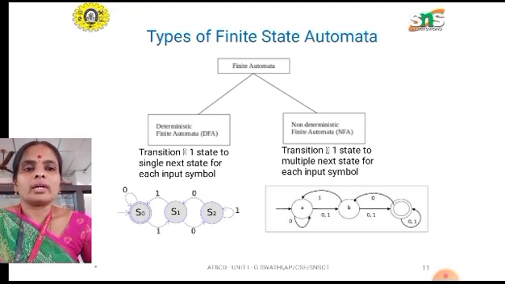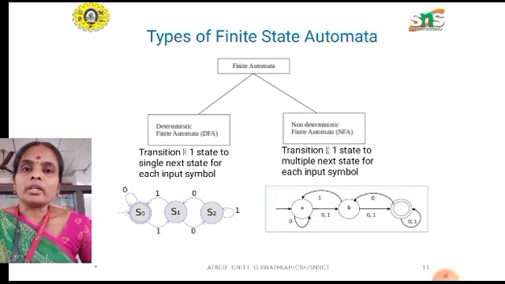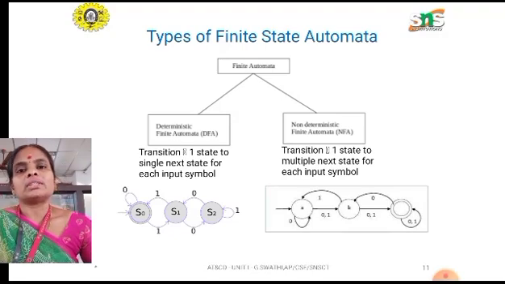Here we have several examples of non-deterministic finite automata and deterministic finite automata. Comparatively, non-deterministic finite automata will have several states with multiple transitions, but deterministic finite automata will have a reduced number of states with finite transitions.